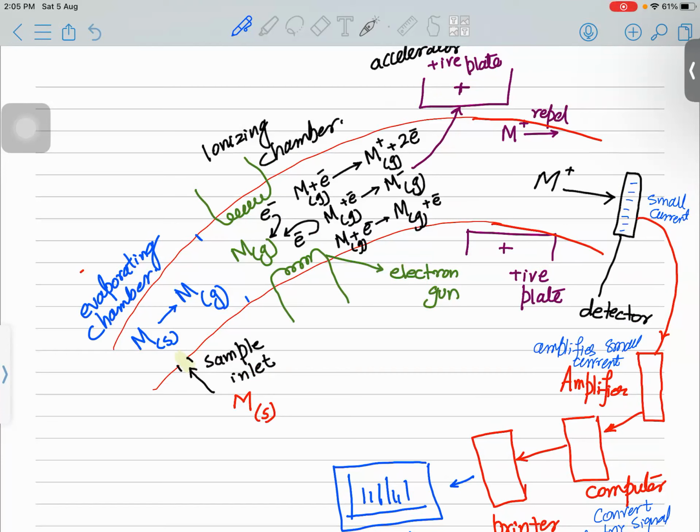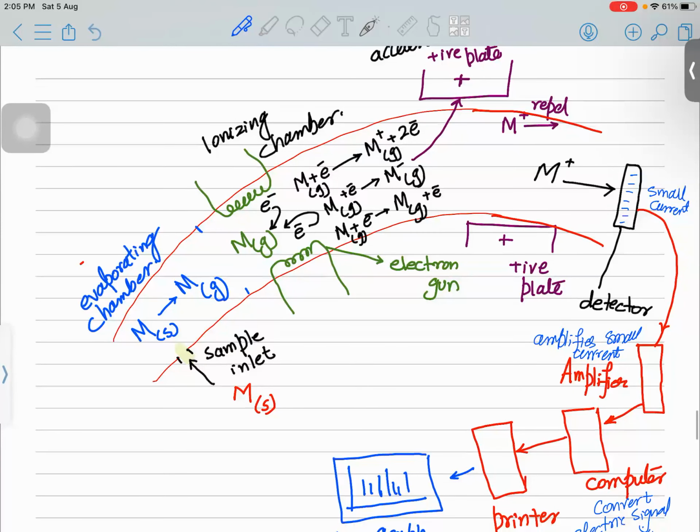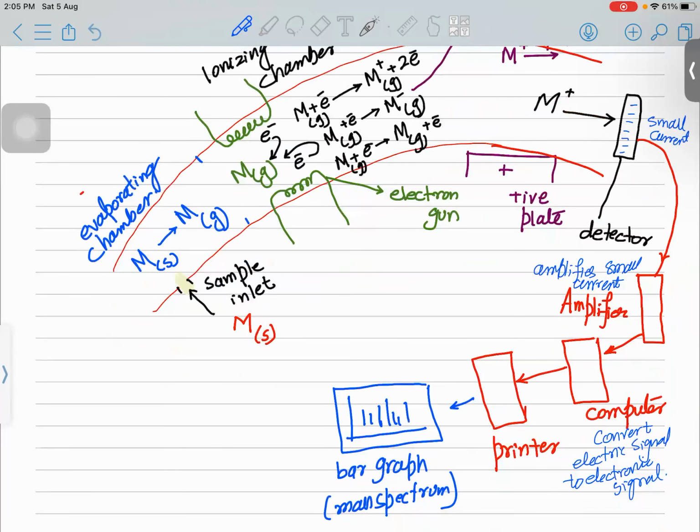So the positive ones get detected by the detector, and the detector comes up with currents and gives them to the amplifier, which enlarges the signal. The computer then converts it into an electronic signal, and through the electronic signal we get the bar graph.